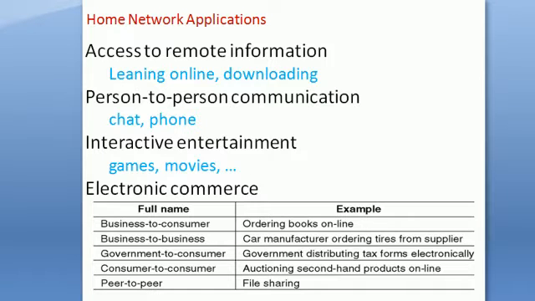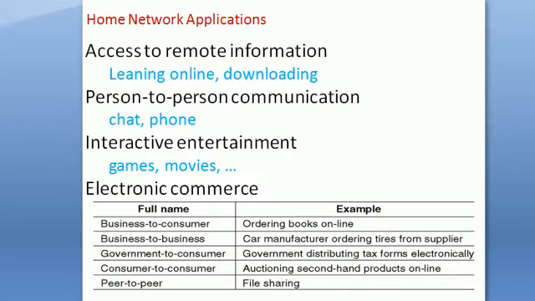Home network applications. Access to remote information involves interaction between a person and a remote database full of information. The second broad category of network use is person-to-person communication, like chatting, which allows people to type messages at each other in real time.